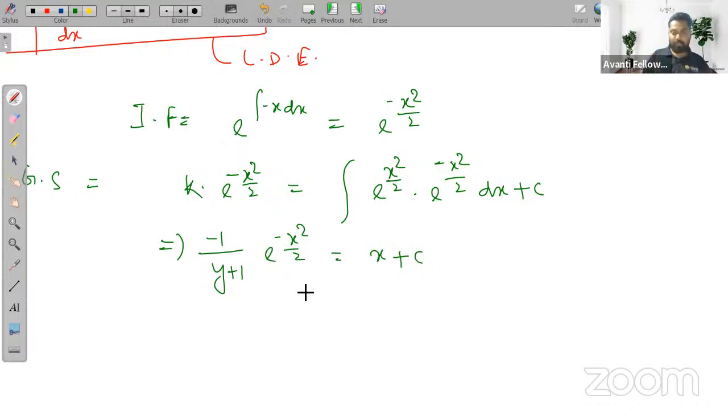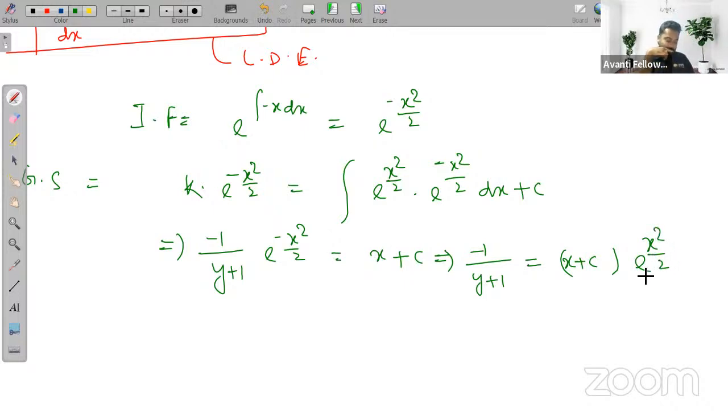So x plus c, so we write this as minus 1 upon y plus 1 is equal to x plus c into, we take this e raised to minus x square by 2 to the right side, it becomes e raised to x square by 2, right? So it becomes e raised to x square by 2.